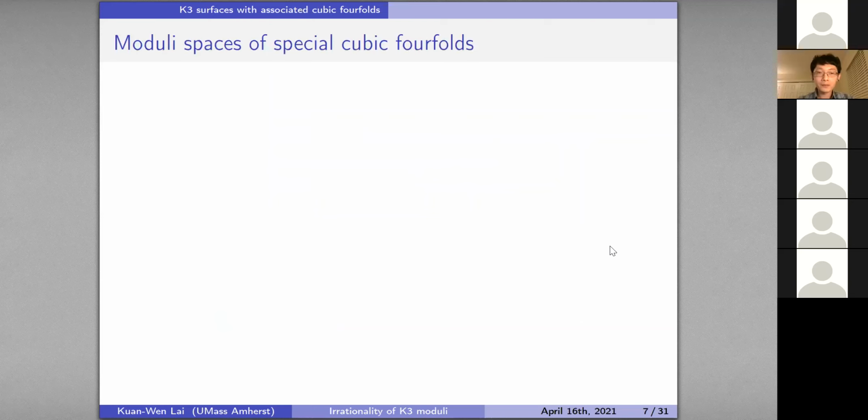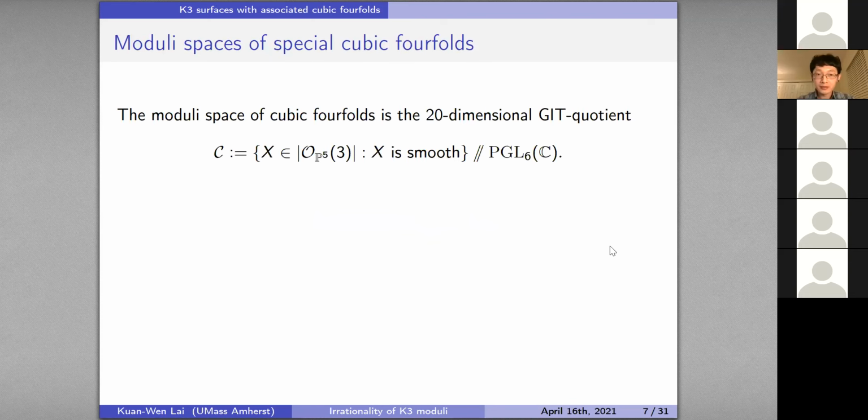Now I need to talk about the moduli space of special cubic fourfolds. First, the moduli space of cubic fourfolds forms a 20-dimensional space, which is the quotient of the system of cubics, collecting all that are smooth, by the PGL6 action.